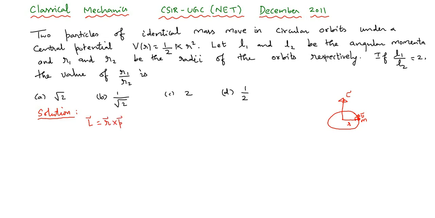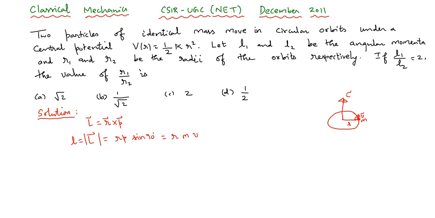The magnitude of the angular momentum is r p sine theta, and the angle between them is 90 degrees. So the magnitude, which I am going to call small l, is r times momentum, which is mass into velocity, and sine 90 is 1. This is the orbital angular momentum.